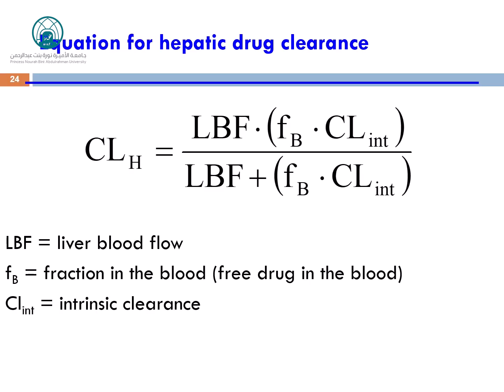Now, for hepatic dysfunction, the main equation for hepatic drug clearance: the clearance of the drug through the hepatic route equals liver blood flow multiplied by the fraction of free drug in the blood, FB, multiplied by the intrinsic clearance, divided by the liver blood flow plus the fraction of free drug in the blood multiplied by the intrinsic clearance.